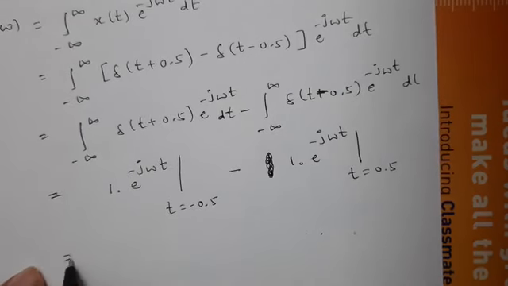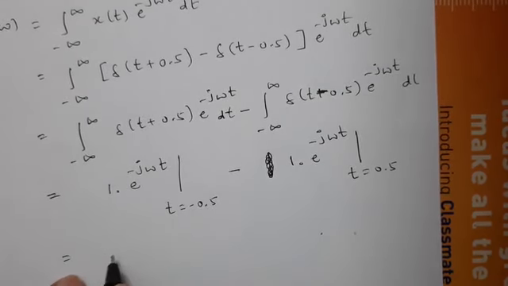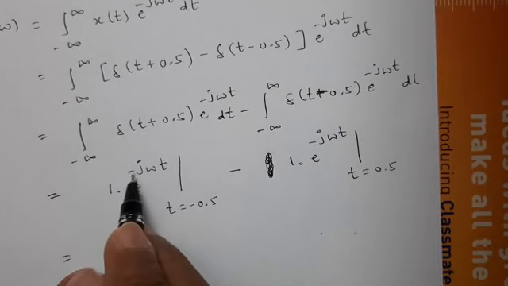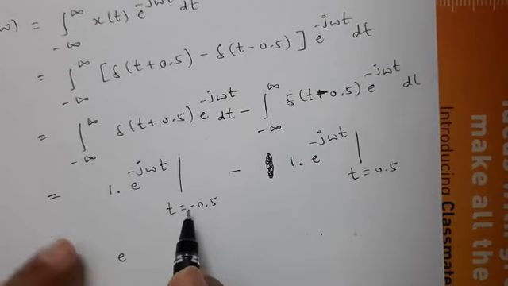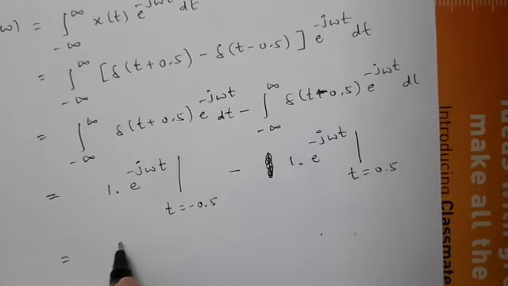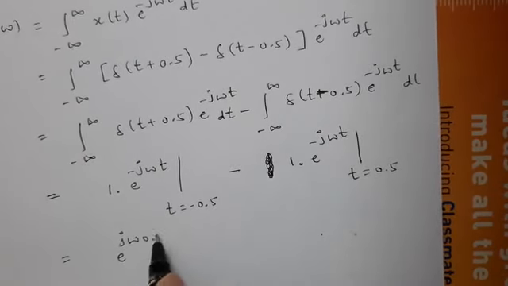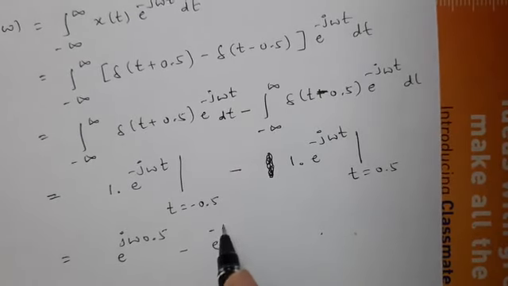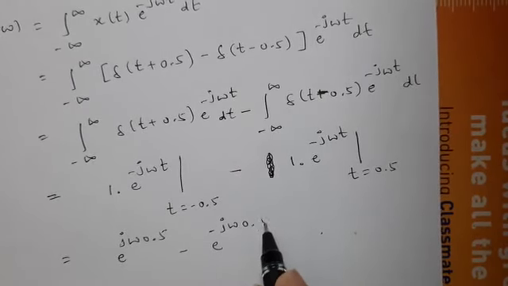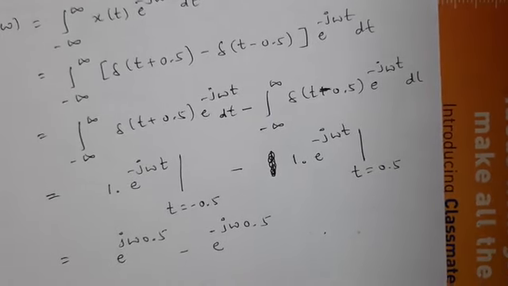Okay, so once you substitute this, what will you find? e^(-jωt) at t equal to minus 0.5, minus into minus plus, which gives you e^(jω0.5), minus this minus into this, which is minus, remains e^(-jω0.5).